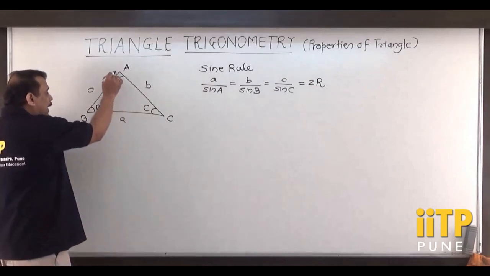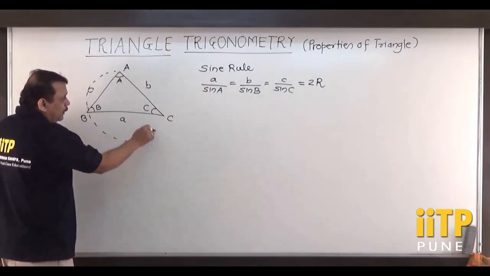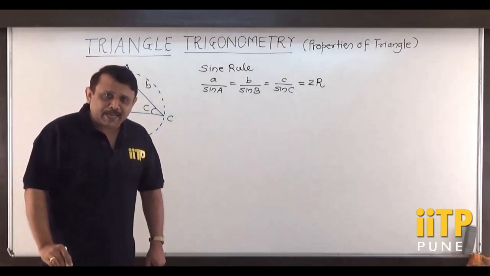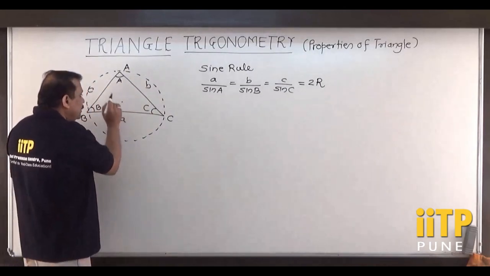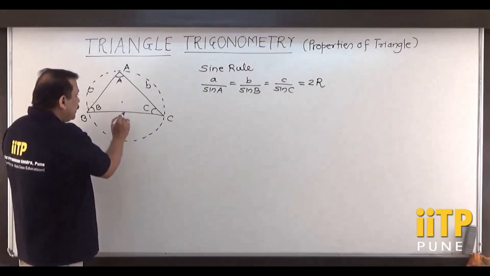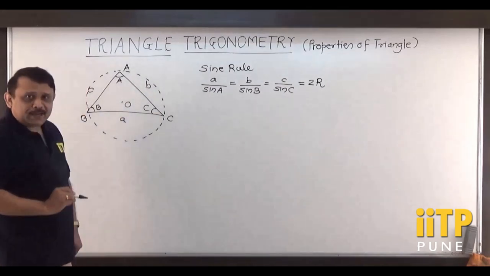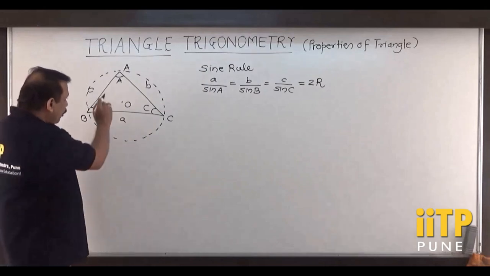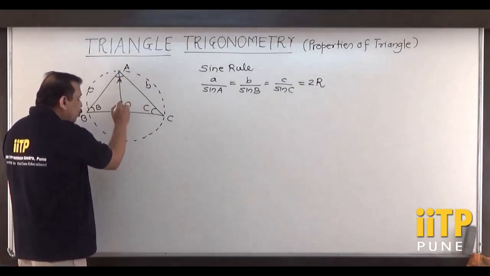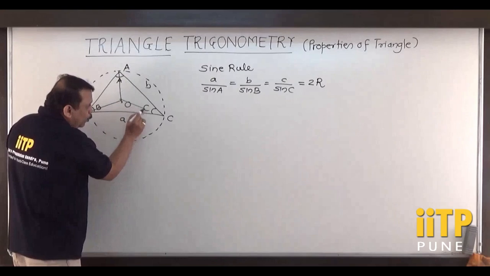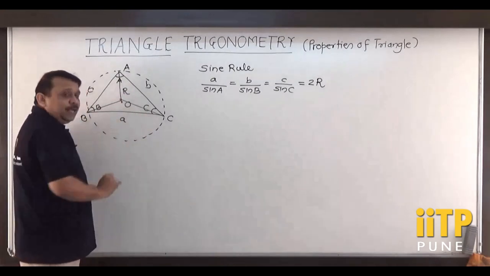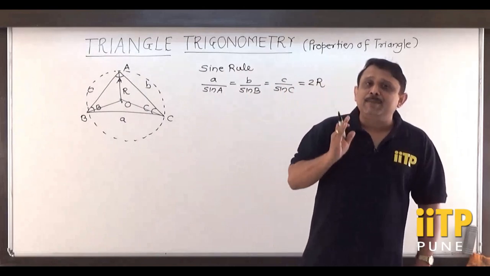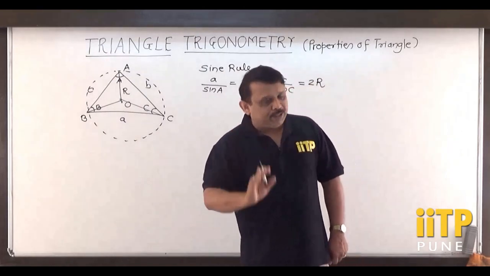That means I can draw one circle passing through the vertices of the triangle ABC, and if I take O as the center of this circle, which is called the circumcenter of triangle ABC, then OA, OB and OC are each equal to capital R, which is the circumradius of triangle ABC.